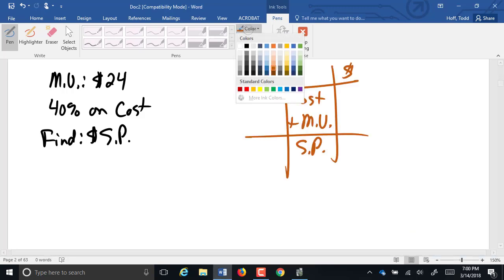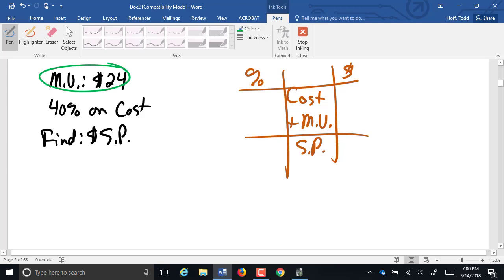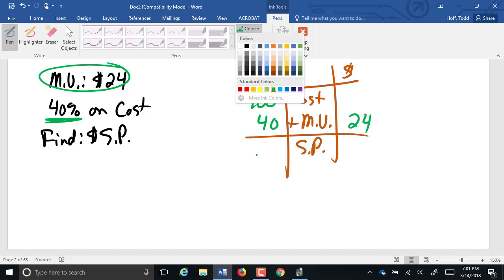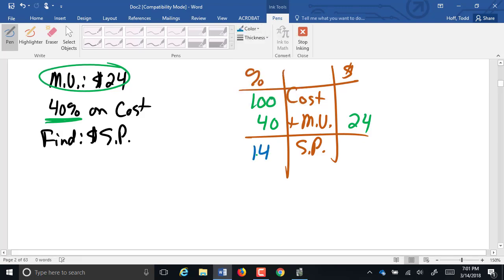Okay, so we've got the same table. Where's the $24 go? Dollar side of the markup. 40%. That goes 40% markup on cost, right? So 100% goes on the cost. What goes on the selling price down here? 140.